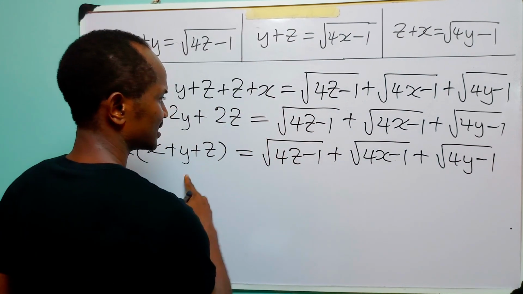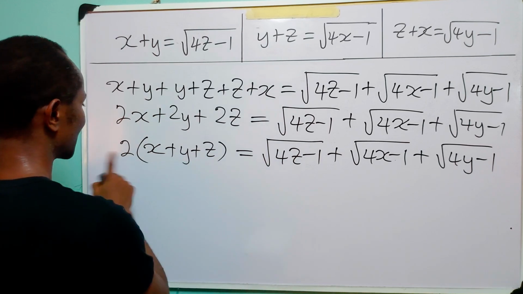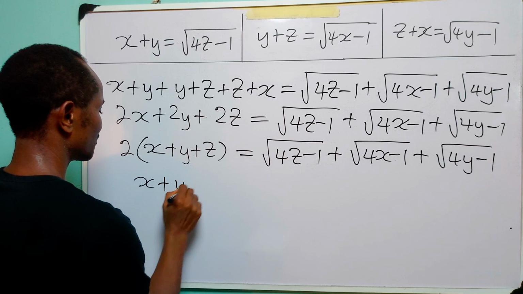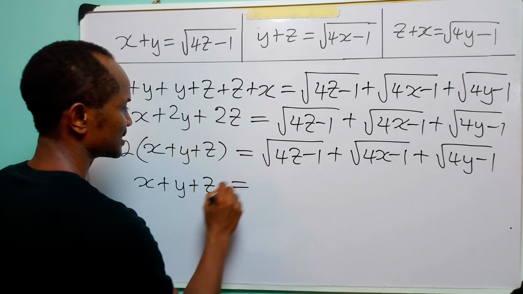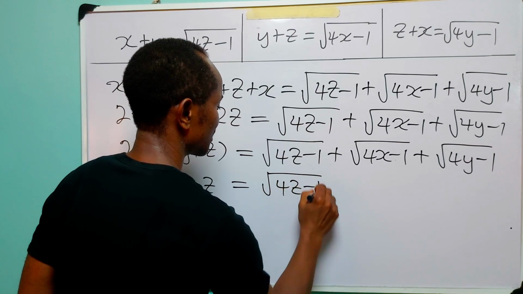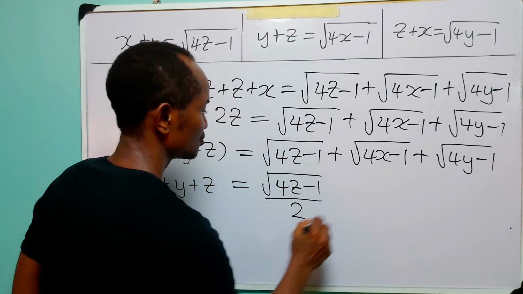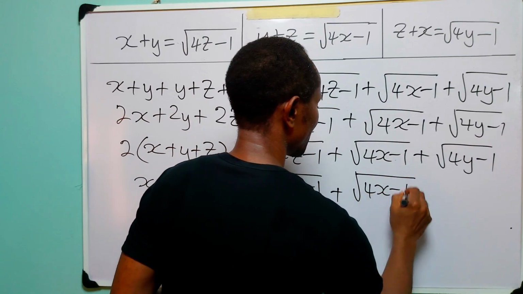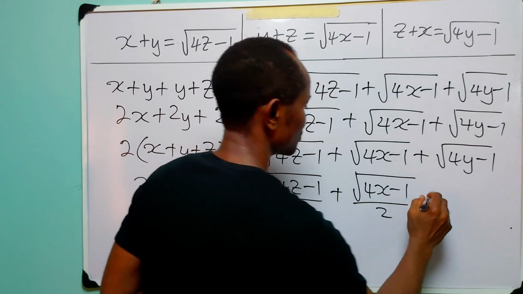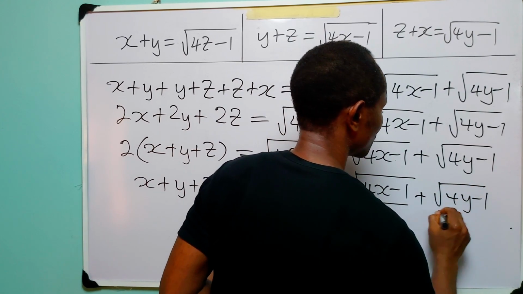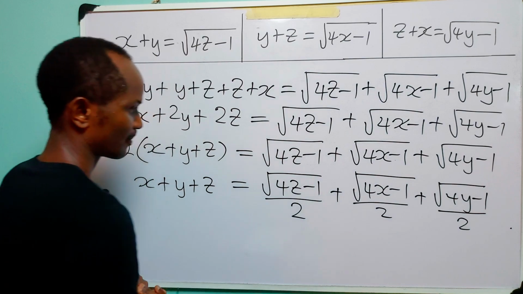Now let us divide the two sides of this equation by 2. When we do that, we have that x plus y plus z is equal to root 4z minus 1 over 2 plus root 4x minus 1 over 2 plus root 4y minus 1 over 2.